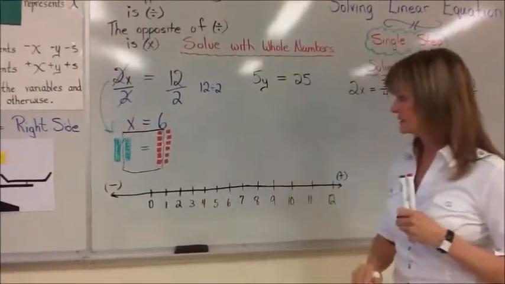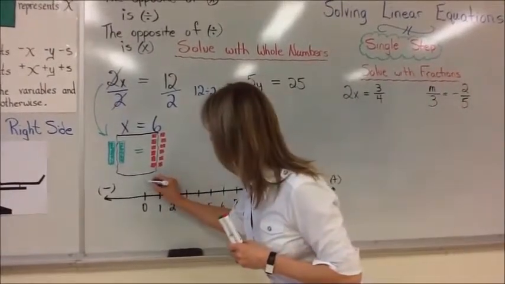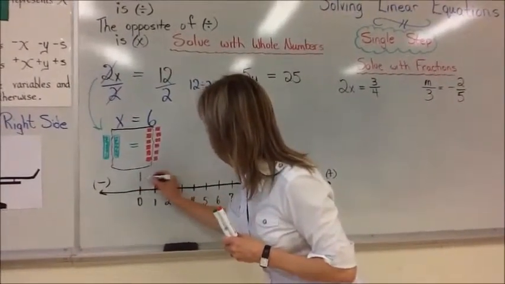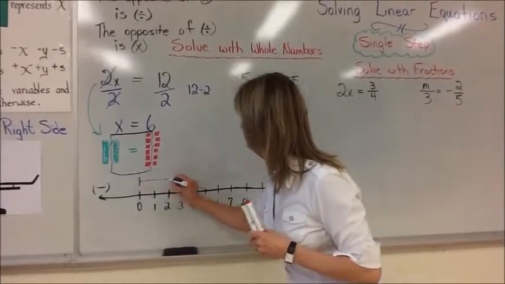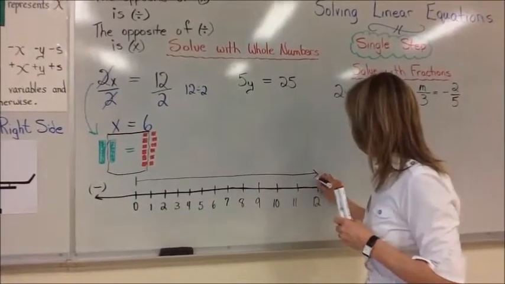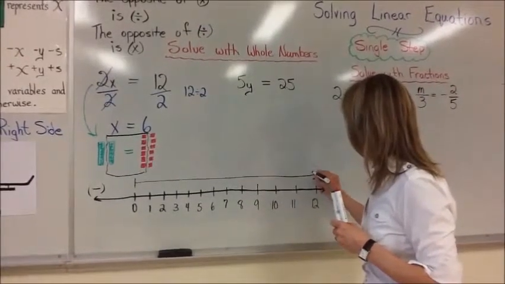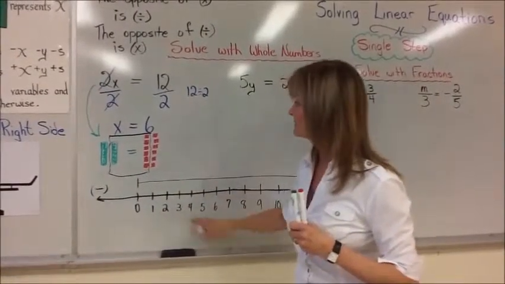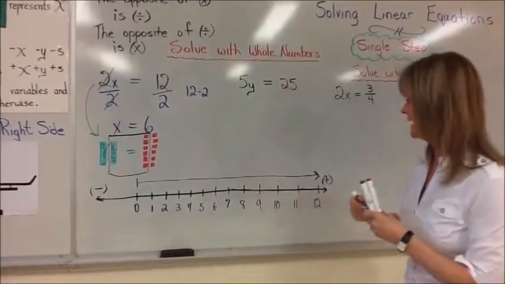Now we could also represent this on a number line. 2x equals 12. We're starting at 0, so I will draw a line here, a rough number line up to the number 12, so we stop at that number. And now on the bottom side, we're going to represent 2x.